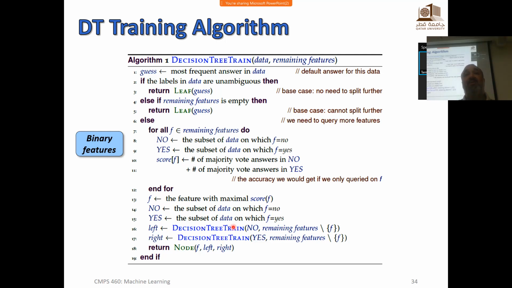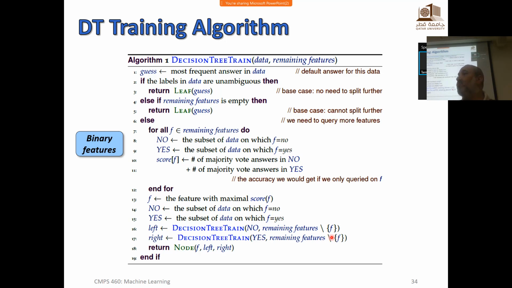So this is a recursive algorithm. We'll call again the same algorithm, which is decision tree train, to build the tree from that point, based on the new data, whatever the left or right subset, whatever the no or yes subset of the data, and the remaining features. We exclude, of course, the feature that we just picked.